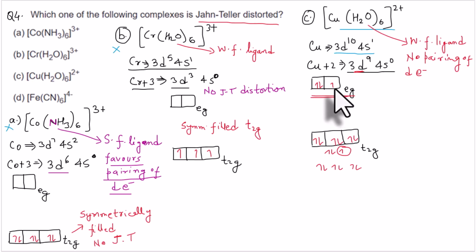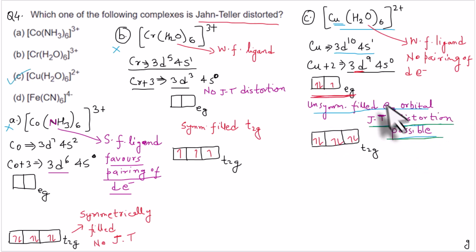That is why the eg orbital in d9 configuration is unsymmetrically filled. So due to the unsymmetrical filling of eg orbitals in the d9 configuration, the complex [Cu(H2O)6]2+ has Jahn-Teller distortion. Out of A, B, C, option C in all probability will show Jahn-Teller distortion.